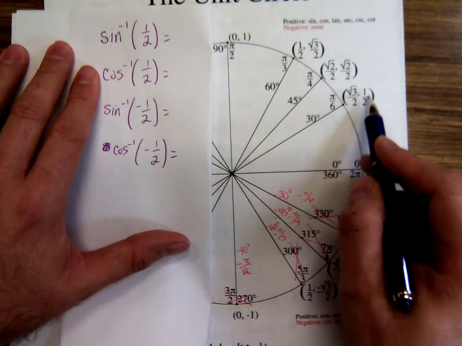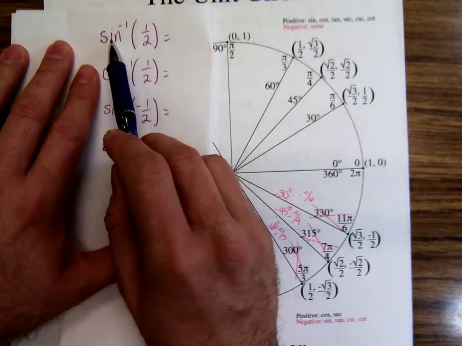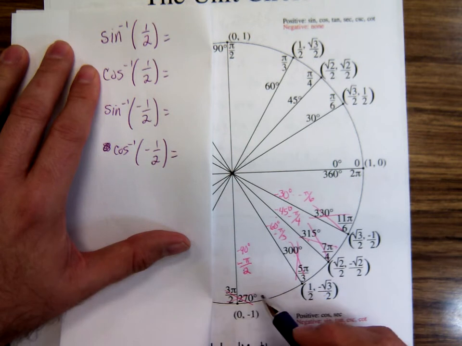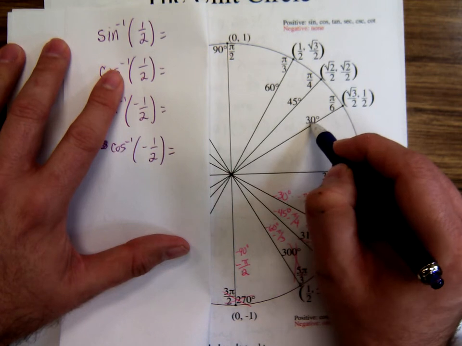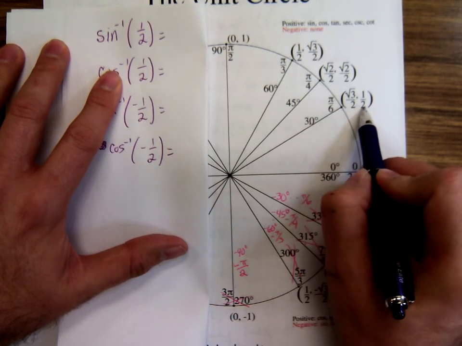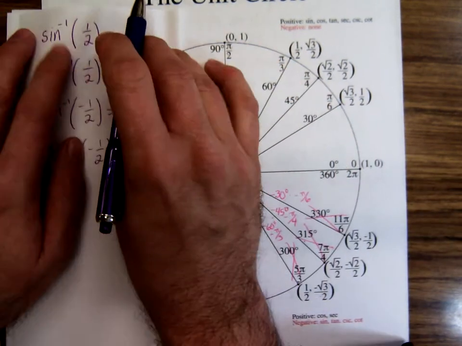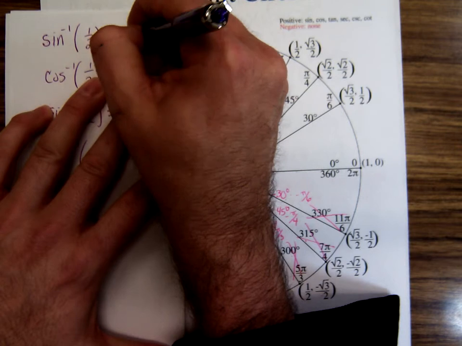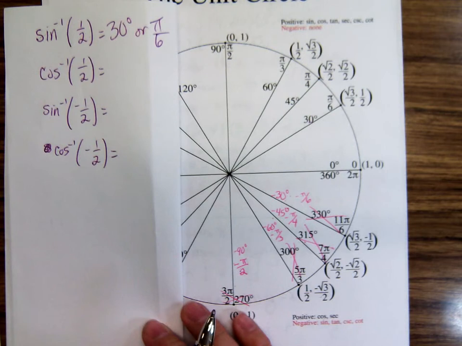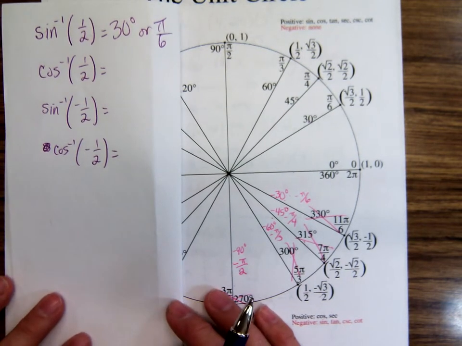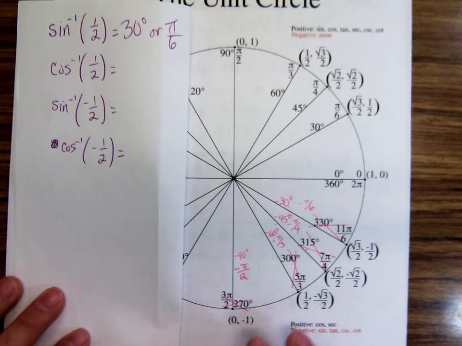What's the angle value between negative 90 degrees and positive 90 degrees that has a sine value of 1/2? 30 degrees? At 30 degrees, the sine is 1/2. Or pi over 6. I'm going to write both, 30 degrees or pi over 6. In your homework, and I'll log on and we'll look at the My Math Lab in a moment, there'll be some that say give it in degrees, others write your answer in radians. So I'll do both of them.